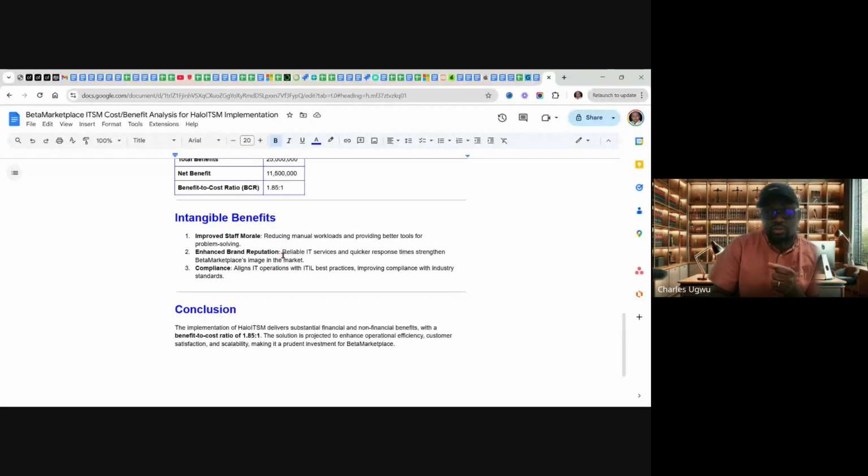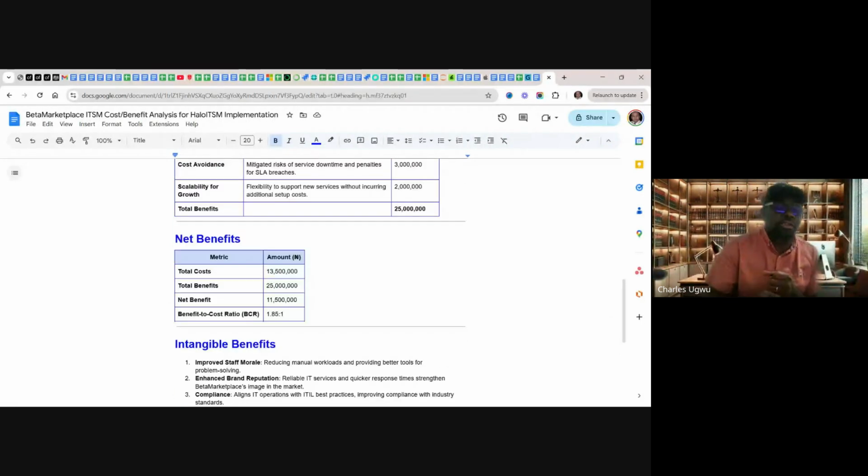But all of us know that this is a very big benefit. Under intangible benefits, meaning it's not tangible, you cannot monetize it. Then compliance: aligning IT operations with ITIL, yes, but it's difficult to add a monetary value to some of these.